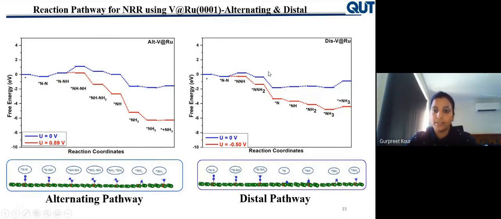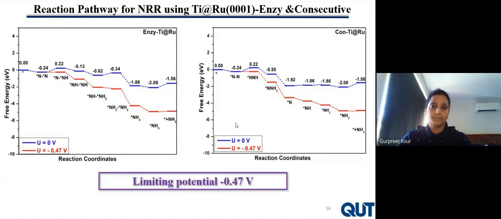In the case of the distal mechanism, the first hydrogenation step was the PDS, and the free energy change for that step was 0.50 volt. So out of the four different pathways, the distal, alternating, enzymatic, and consecutive, vanadium in the consecutive pathway has given good results, with a quite low negative limiting potential as well as a low kinetic barrier.